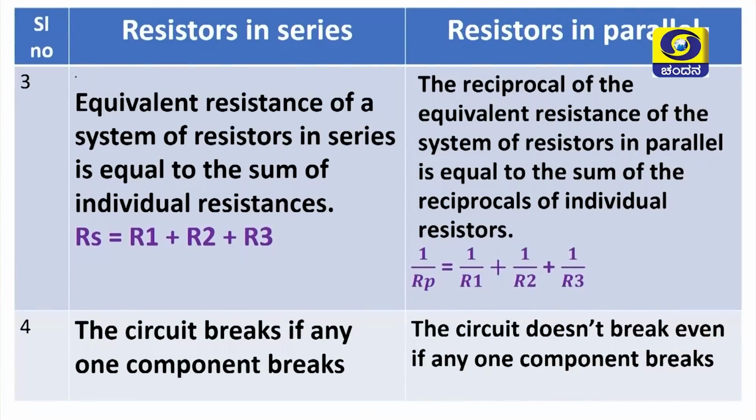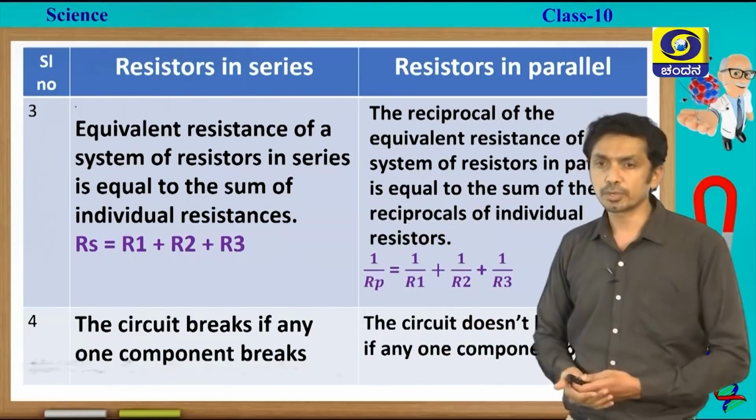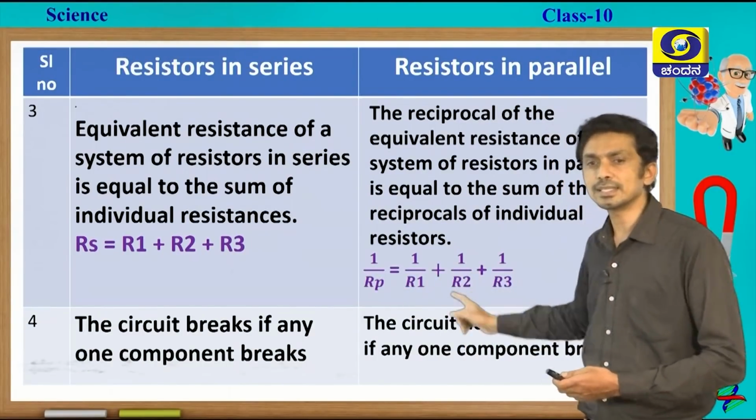In the same way, the total equivalent resistance for resistors in series is Rs is equal to R1 plus R2 plus R3. That means the total resistance is equal to the sum of individual resistances when they are in series. In resistors in parallel, the equivalent resistance of the system of resistors is equal to the sum of the reciprocals of individual resistances.